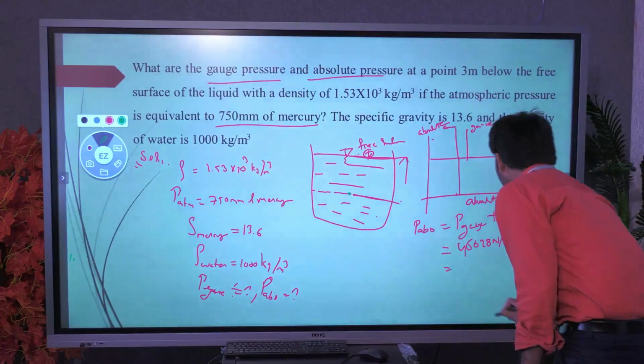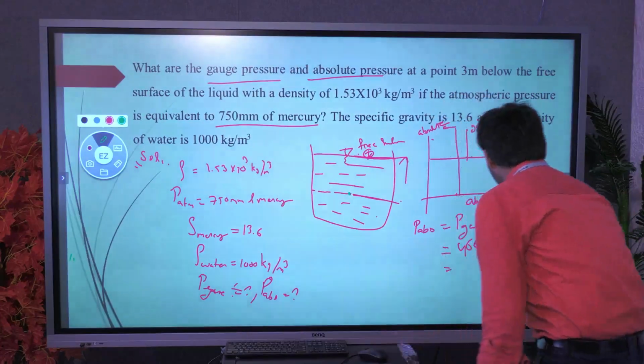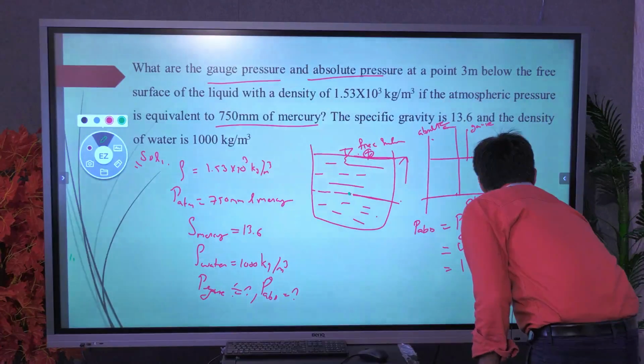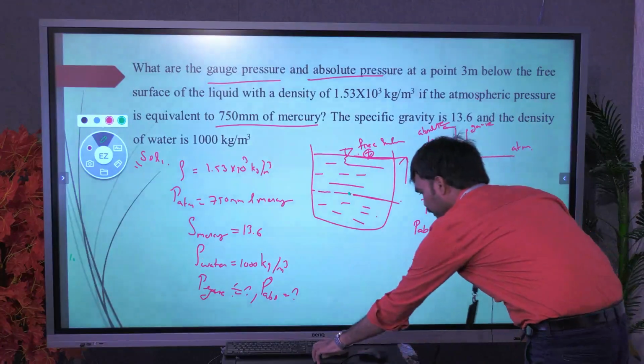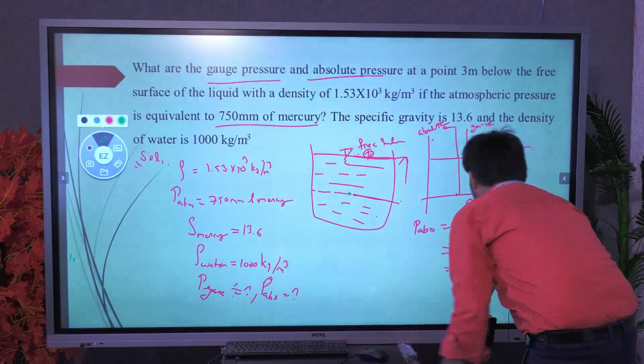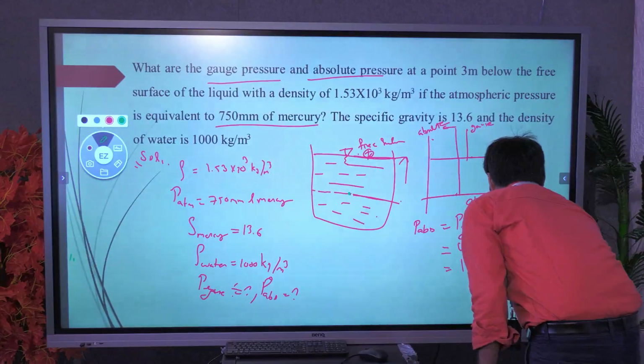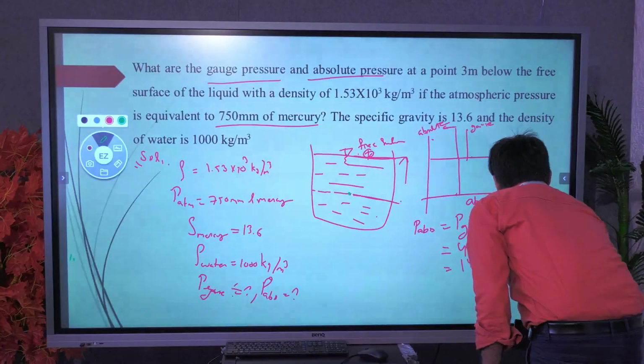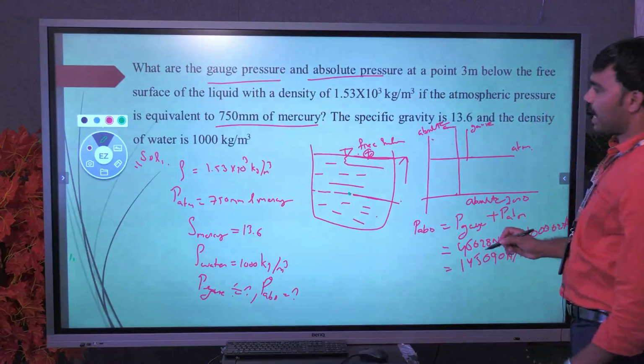So overall you will get 2,07,028, around 2,07,090 Newton per meter square. So this is the absolute pressure.